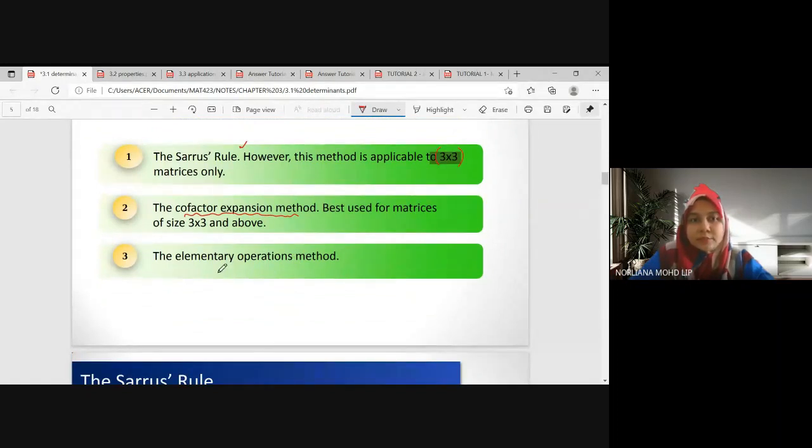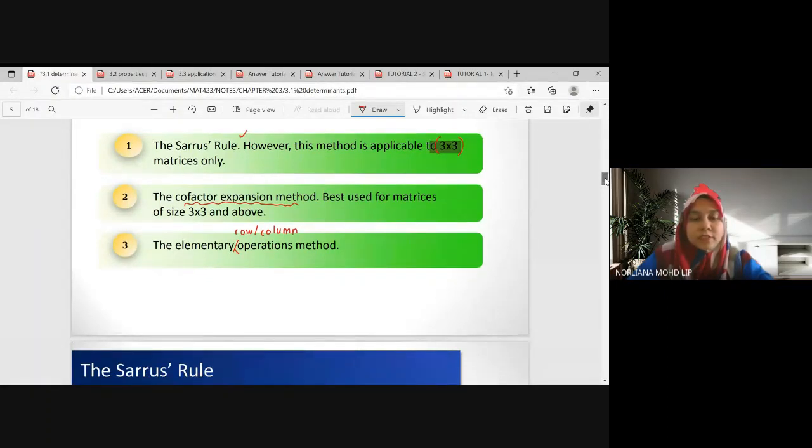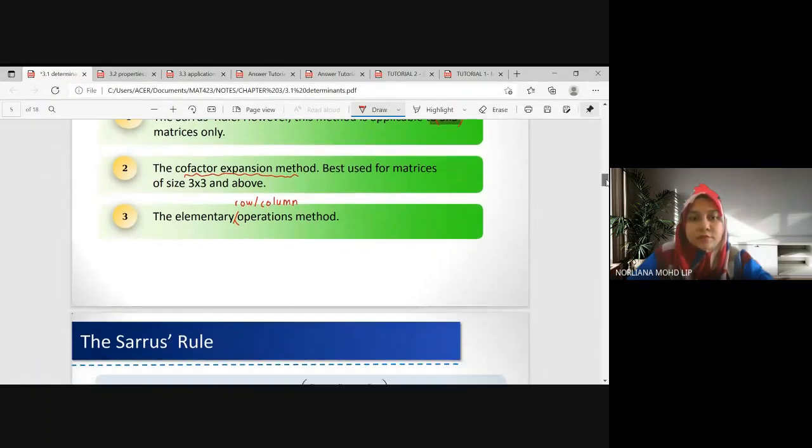And the third method is elementary operation, which can be elementary row or column operation.